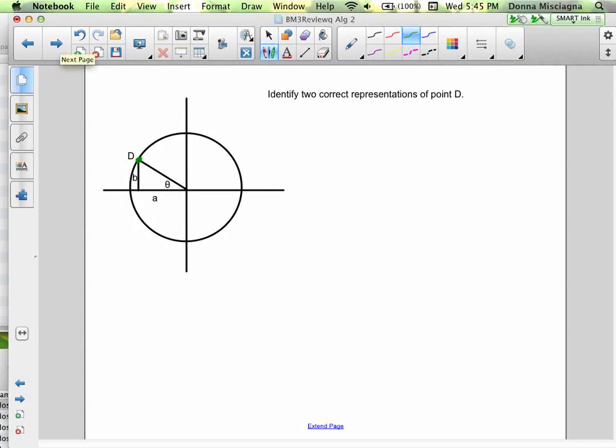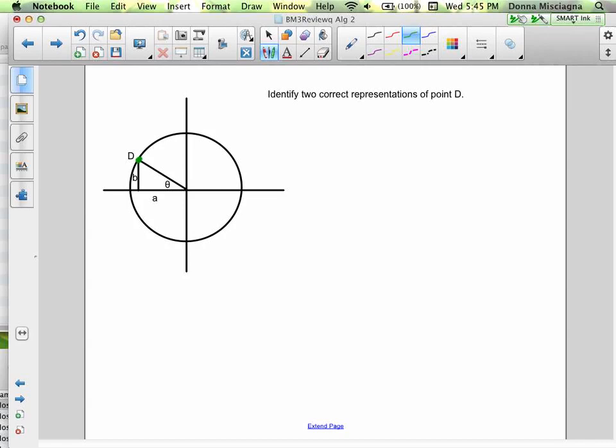Right, well, if we don't even think of it as a unit circle, we just think of it as a point, right? The horizontal component is A, and the vertical component is B, right? And so A here would be negative, but we're just calling it some quantity A, okay?